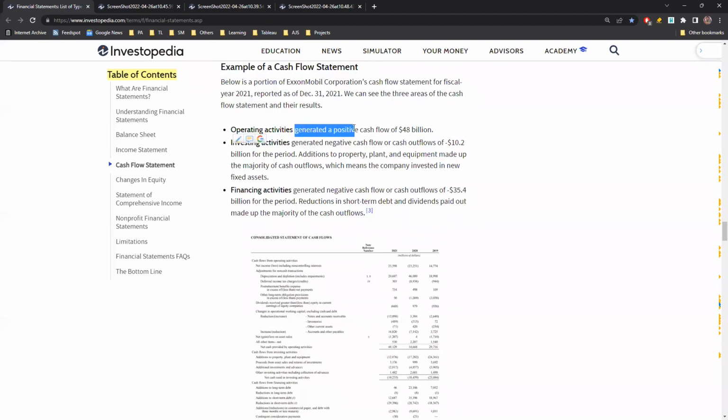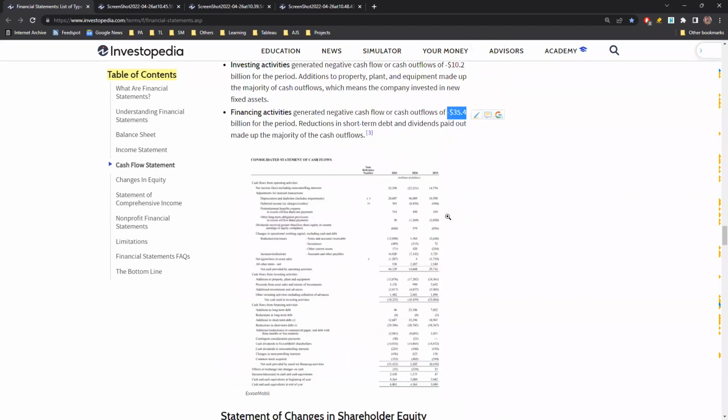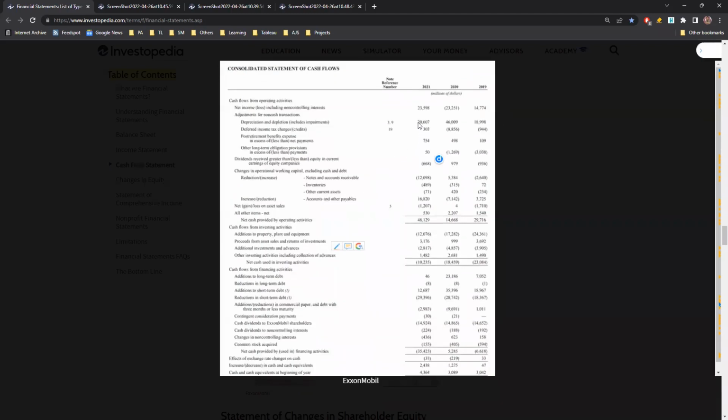We'll see in detail what elements are present here, but in this particular operating bucket, they have a net cash inflow of $48 billion in 2021. Under the investing activities, they have a cash outflow of $10 billion. And under the financing activities, they have a cash outflow of minus $35 billion. Now let's see what these things are constituted of.